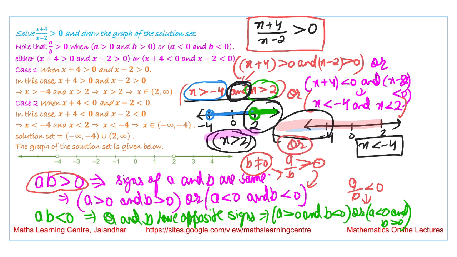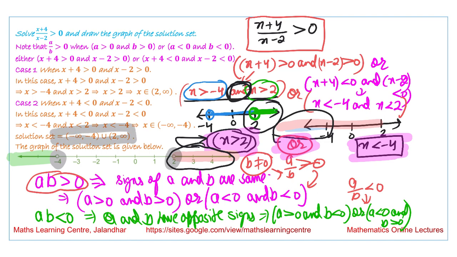So x is greater than 2 or x is less than minus 4. On the number line, it is important to note that at minus 4 and the point 2, these are not included.